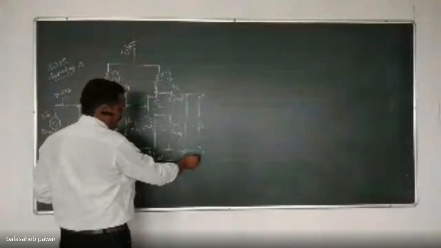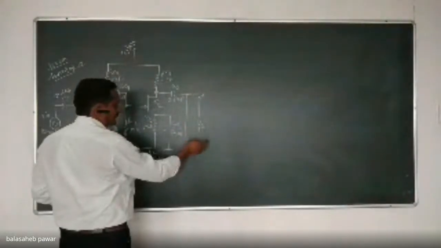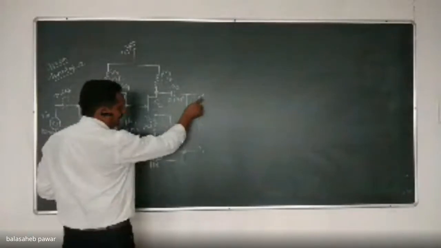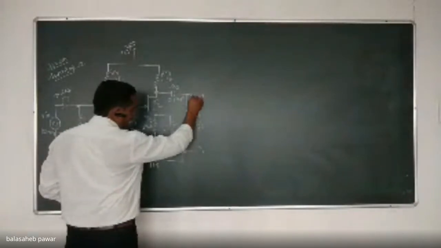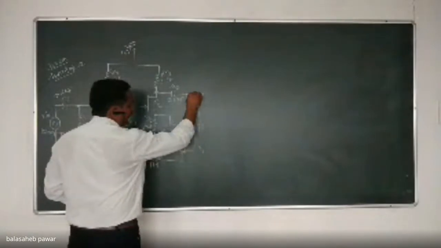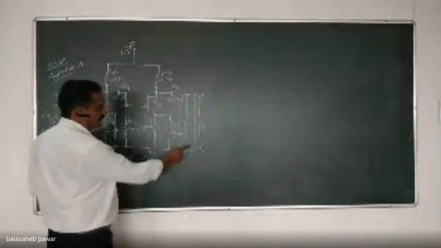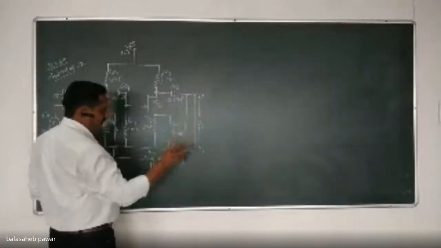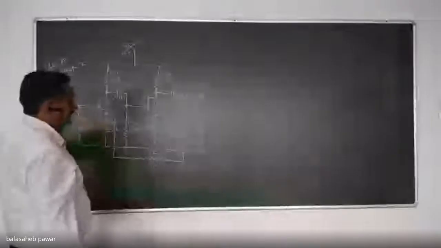To make that output voltage equal to 0, you have to provide a short circuit path across this output terminal like this. So by providing a short circuit, you will observe that VO will become 0. That is the requirement to find out the type of sampling.